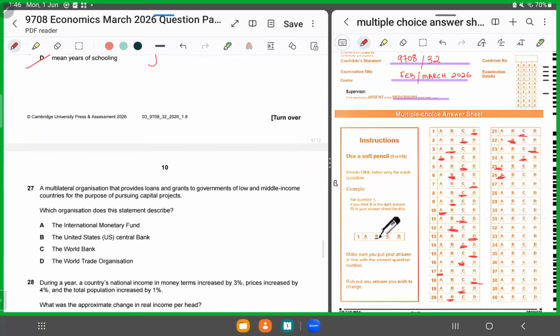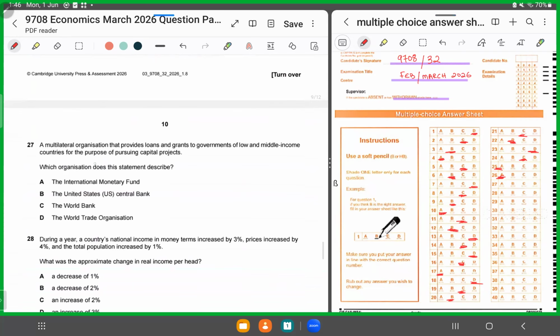Moving forward, 27. A multilateral organization that provides loans and grants to governments of low and middle income countries for the purpose of pursuing capital projects. Which organization does this statement describe? So, what is it? Is it the IMF? Is it the US Central Bank? Is it the World Bank?